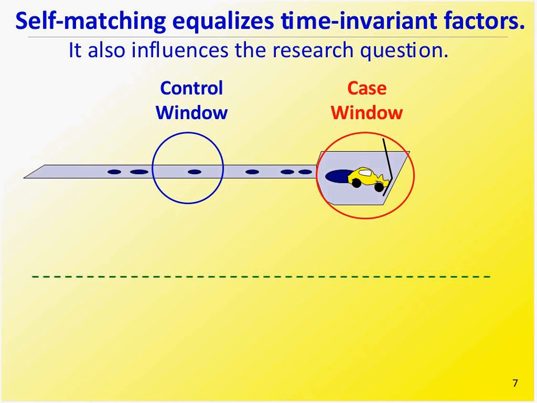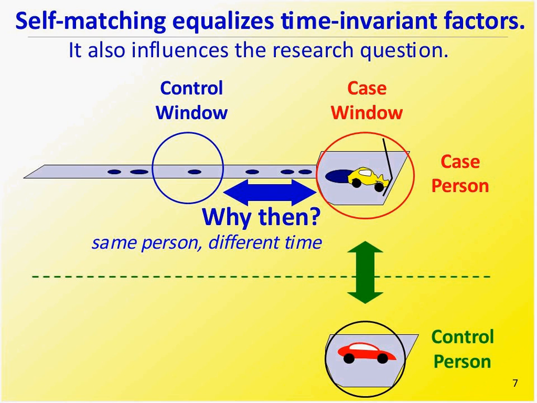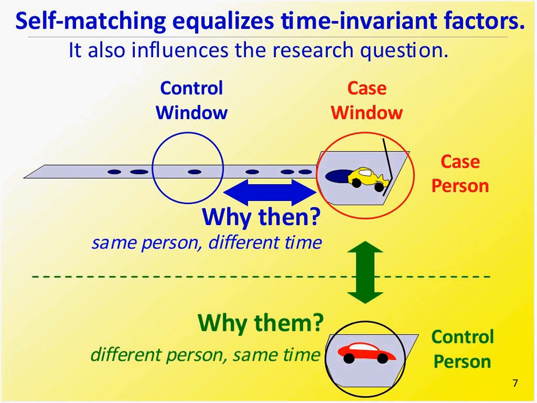Subsequently, it became clear to me that we've actually got slightly different research questions. If you were in a car crash and you bumped into the car in front of you on your way to work, you might say to yourself, "Oh, why is it always me?" Or you'd say, "Oh, why now?" So they're slightly different questions: why then, and why them.